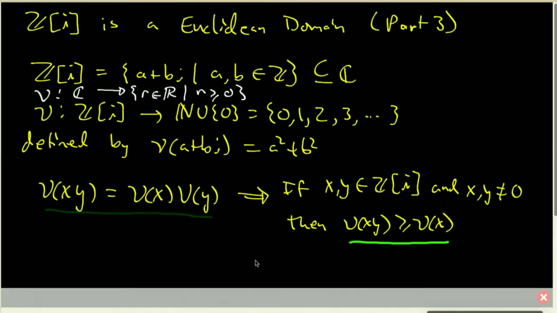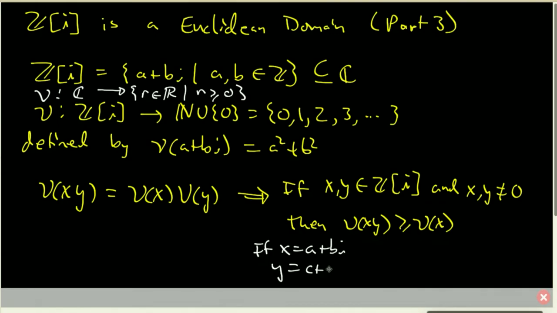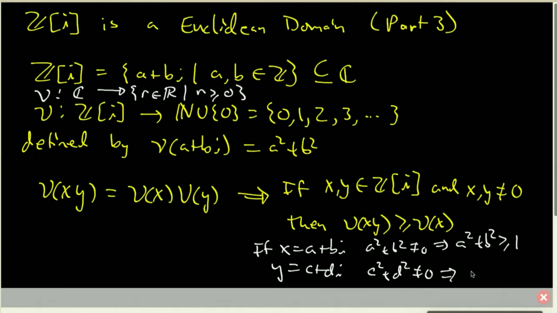The reason is that if x is equal to a plus bi and y is equal to c plus di, and x and y are not 0, then we know that a squared plus b squared is not 0, and because a and b are integers, that implies a squared plus b squared is at least as big as 1. Same thing for c squared plus d squared: it is an integer that's not equal to 0 and is positive, so c squared plus d squared is at least as big as 1.